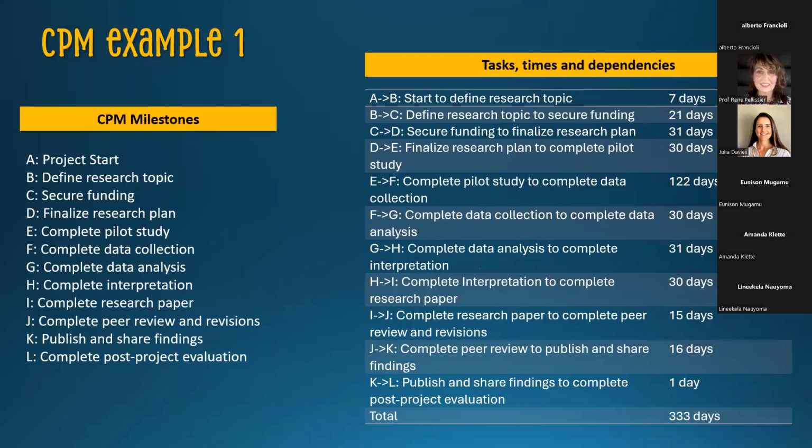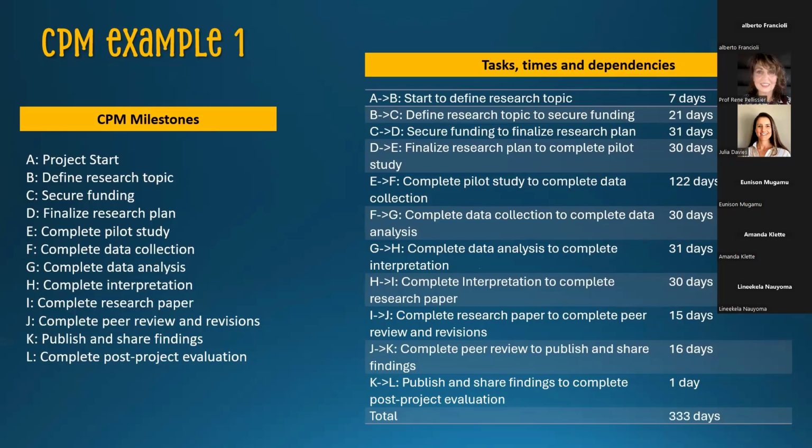That's my project time. Then I looked at the dependencies, and that's what the A to B and the B to C means. I said A needs to go to B. Project start goes to define research project. B goes to C. Define the research topic goes to secure the funding, etc. So every one of these tasks on the left-hand side go to the next task. They're all dependent on the previous one. That's my table on dependencies. So that gives me 333 days.